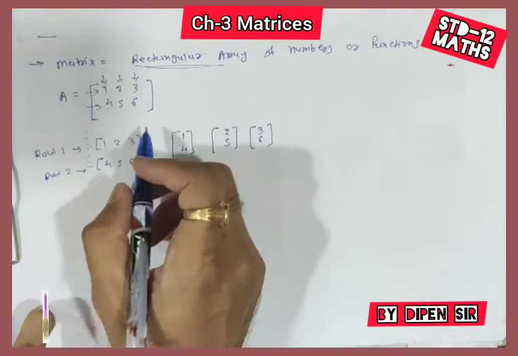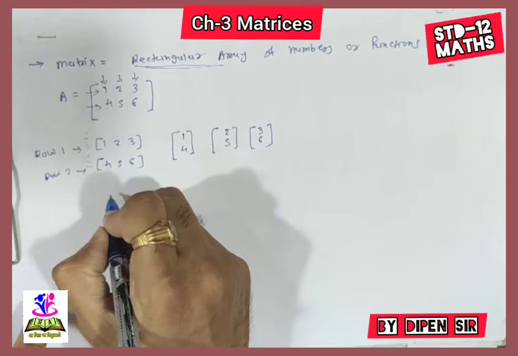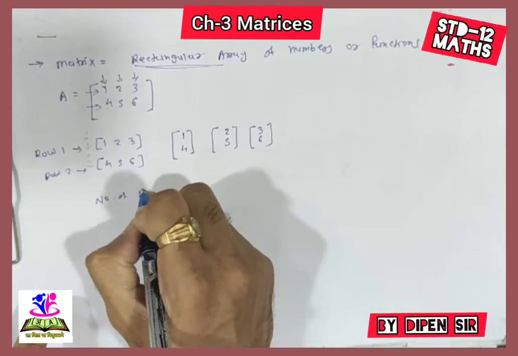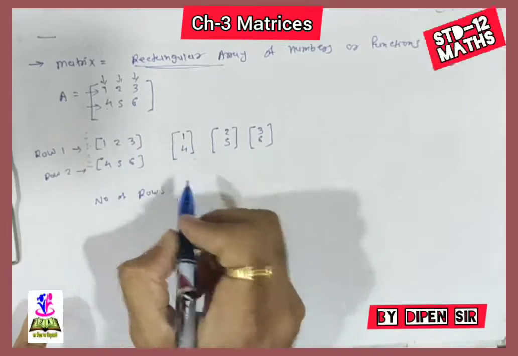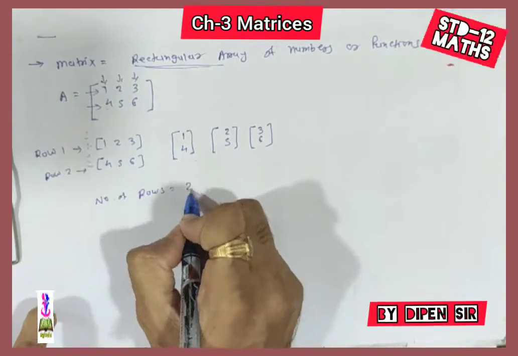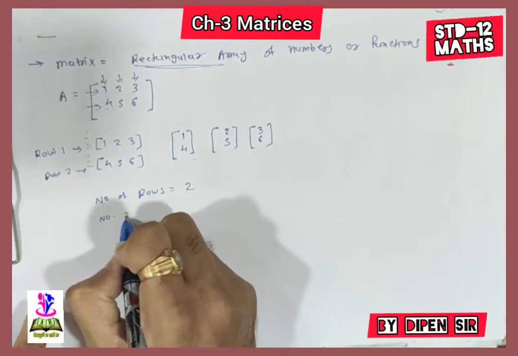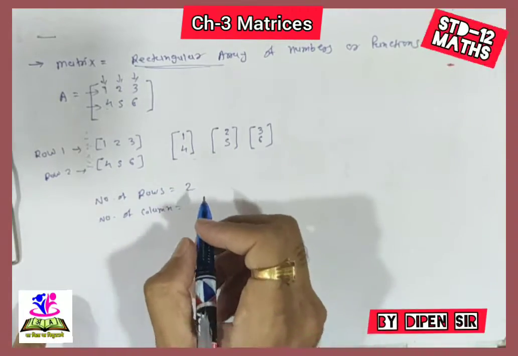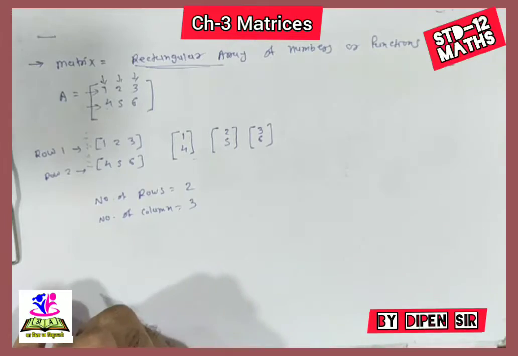Clear? So in this matrix we can say that number of rows in this matrix is 2. Number of columns in this matrix are 3.